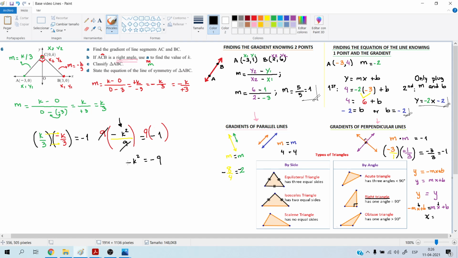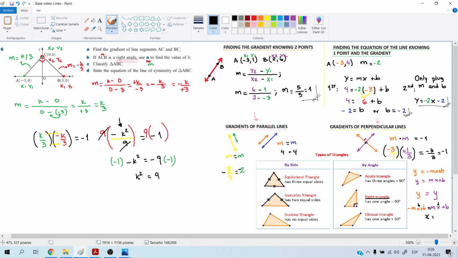Then negative and negative, I can multiply everything times negative. This side by negative and this side by negative. Why? Because I want the k to be positive. And then it becomes positive, and then it affects whatever I have on the right side. In this case, it was a negative number, so it's going to turn positive. Okay, now I have to solve this.